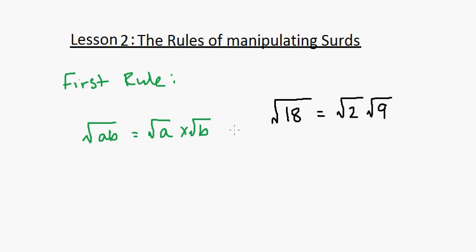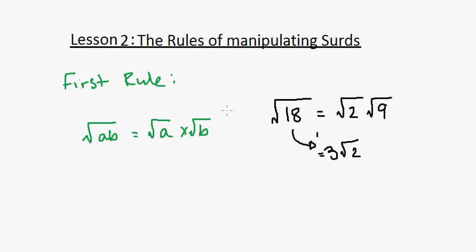And then we come to simplifying surds, because we know that the square root of 9 is 3. So now we have 3 root 2, and this is a simplified version. So this rule is one of the key rules for manipulating and simplifying surds.